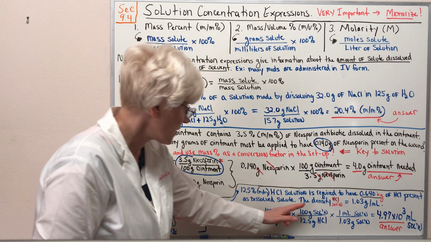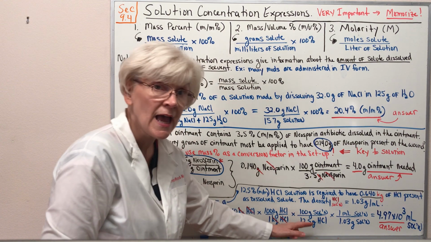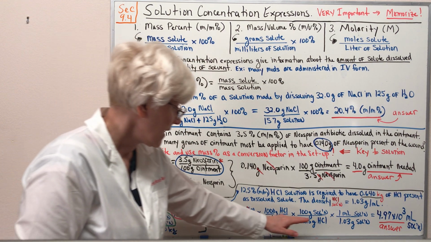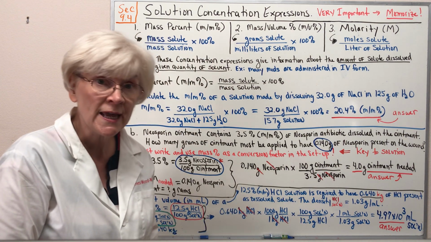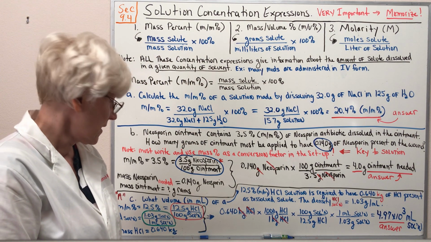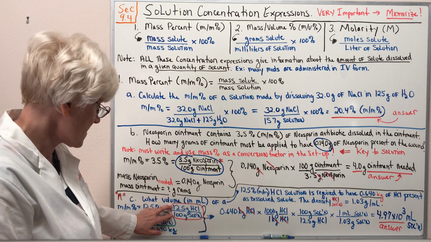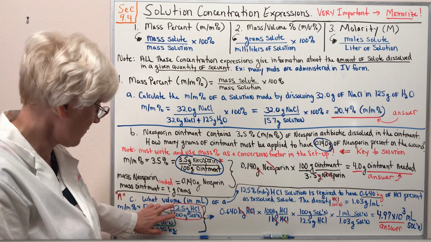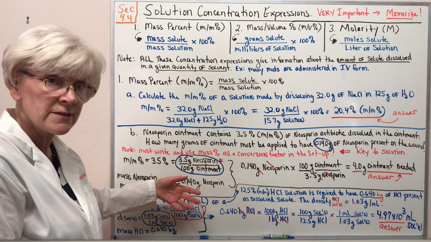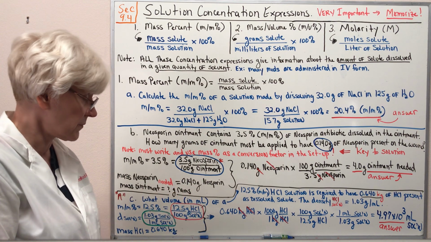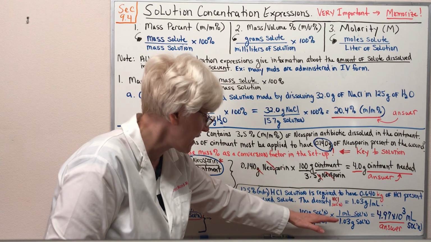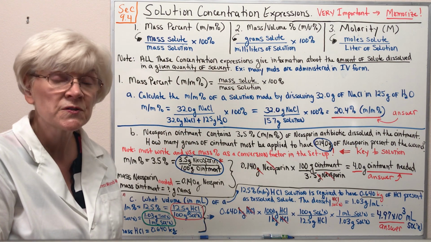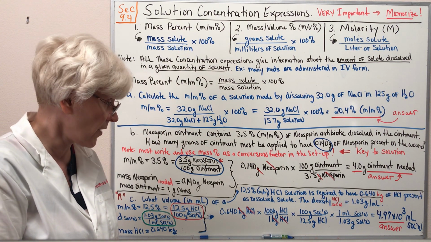So I am going to use my mass percent as a conversion factor. It will get me from grams of HCl to grams of solution. So mass percent written as a conversion factor, and I'm going to flip it again in this problem so that grams of HCl is in the denominator and grams of solution is in the numerator.